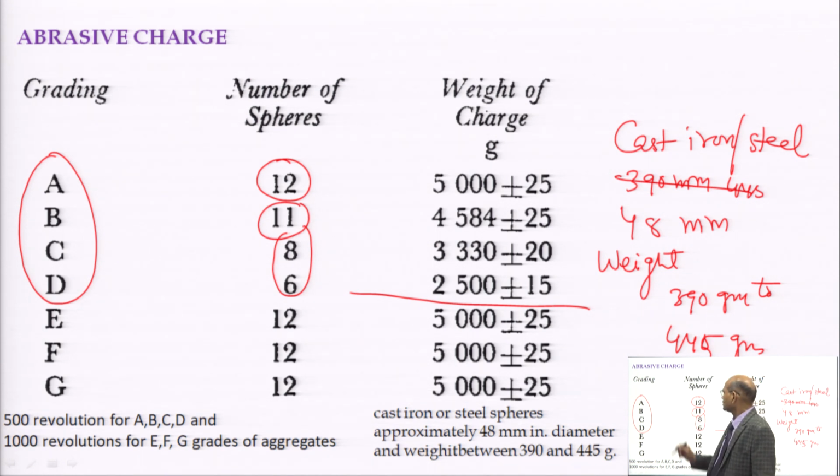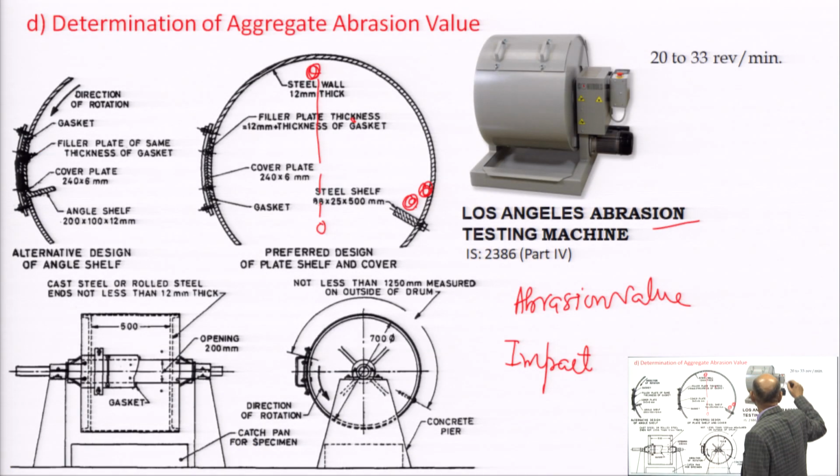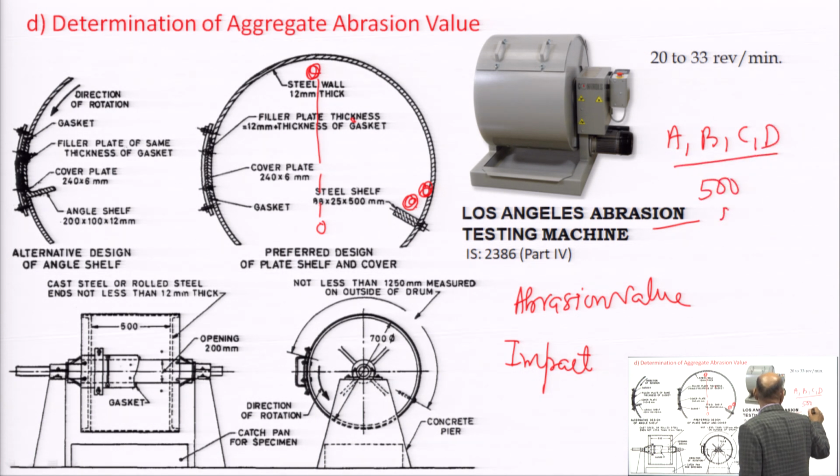This machine rotates at around 20 to 30 revolutions per minute, and if you have a grade of aggregate A, B, C, D, then we have to take 500 revolutions.